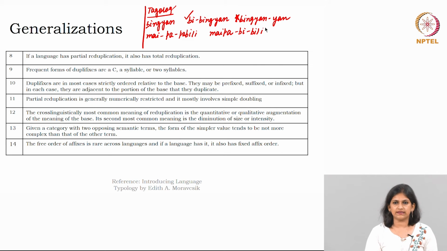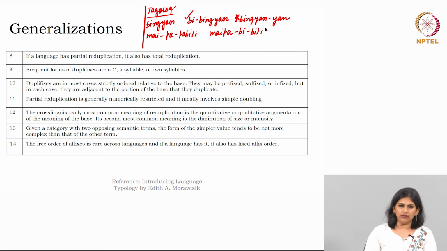It has to be adjacent to bili, which is why, in the first case, pa pa bili and in the second case pa bibili. So, the idea here is that whether it is prefixation, suffixation or infixation, in all of the cases it is only the affix adjacent to the portion of the base that can be reduplicated, not the other ones.